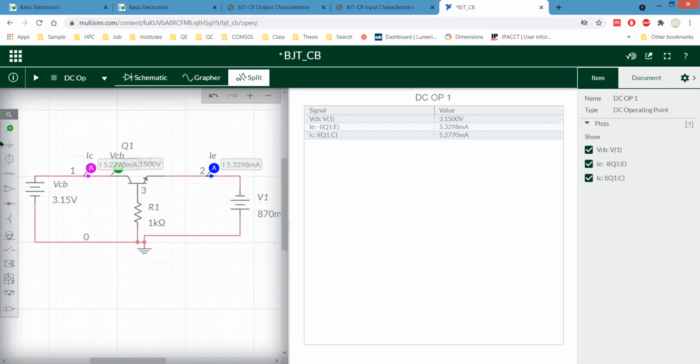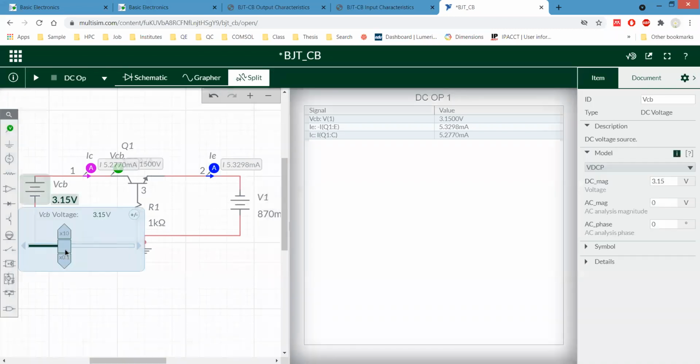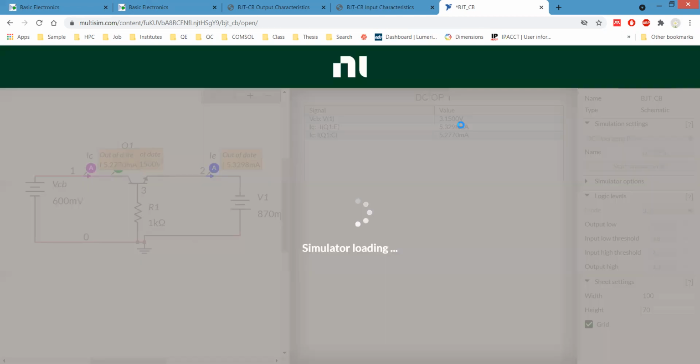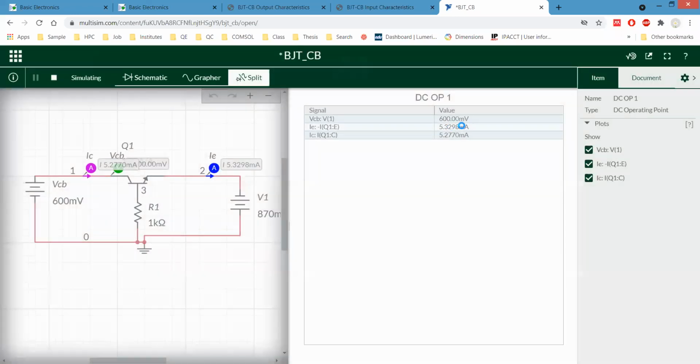Now we will vary the VCB. Let's start with millivolts, 0.5, 0.6 volt. So VCB in this case is 0.6 volt, and the IC is 5.27 milliamps.